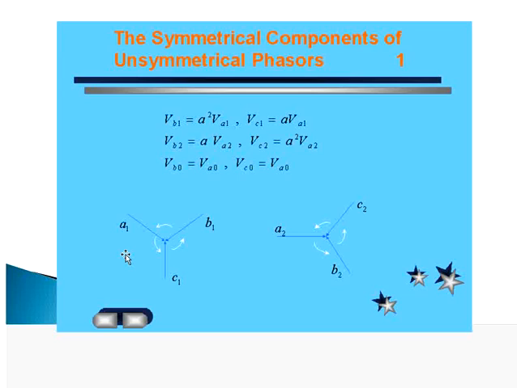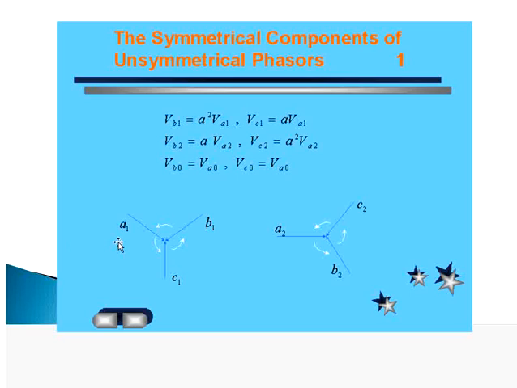If I want to represent VC1 in terms of A1, and I consider this as the reference, it is rotating at 120 degrees, so it should be multiplied with A into VA1. If I want to represent VB1 in terms of A1, it is A square into A1. For voltages, I will represent VC2 as A1 into A square.